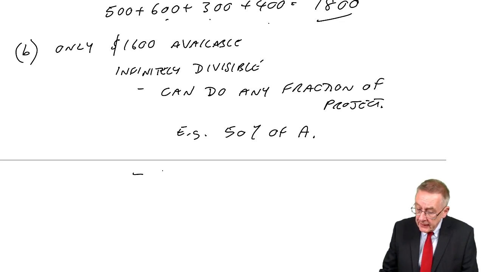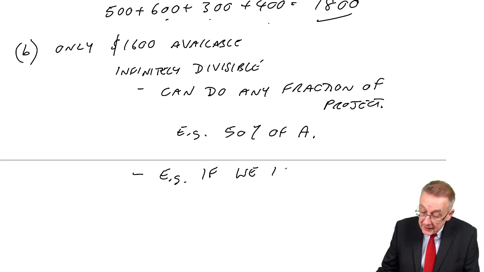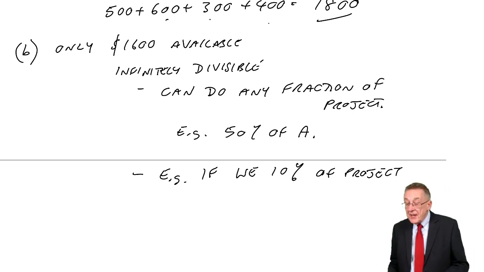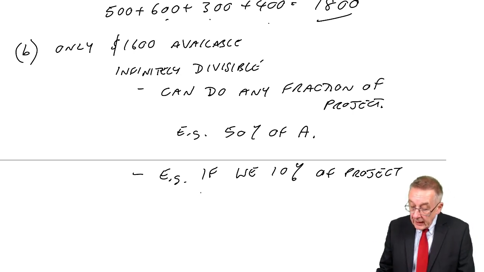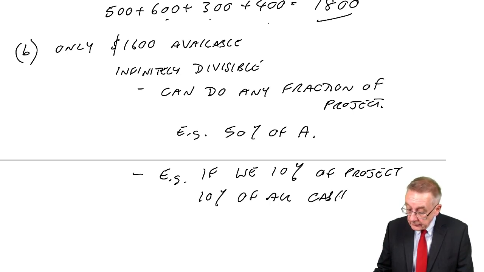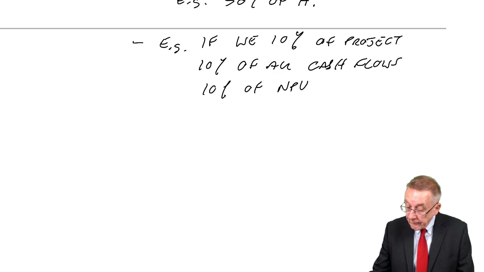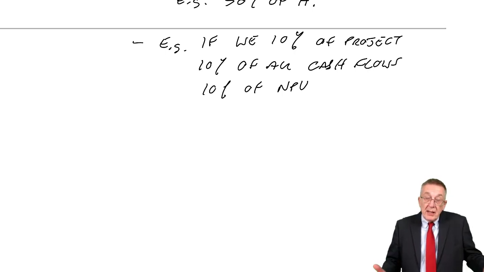So again, what I mean is, for example, if we do 10% of a project, remember we can do any fraction. If we do, for example, 10%, it'll be 10% of all the cash flows, and therefore 10% of the NPV. 10% was an example, obviously.